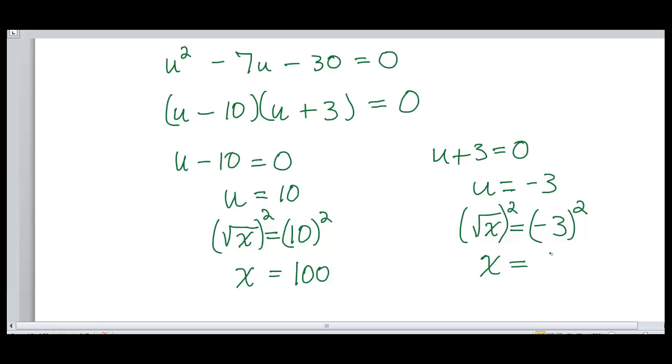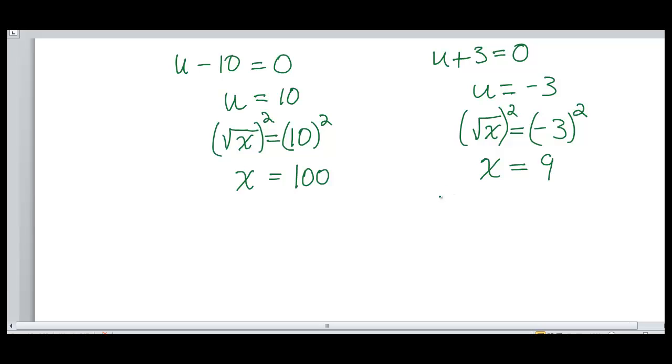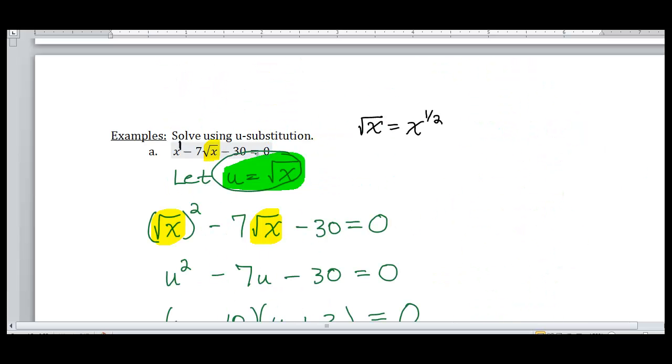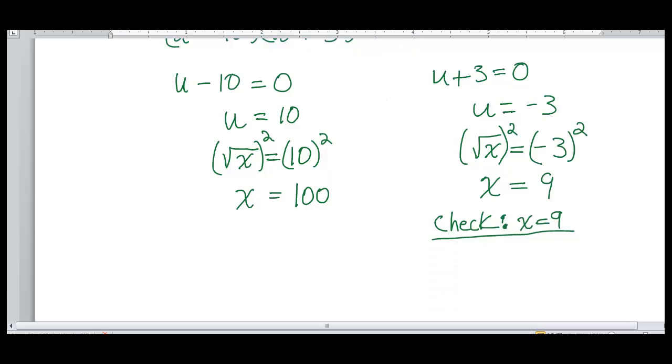Square both sides, negative 3 squared will be 9, okay? I'm going to check that x equals 9 is my solution. That means I'm going to plug in 9 for x into my original equation here. I have x minus 7 square root of x minus 30 equals 0. I'm going to plug in 9 for x.